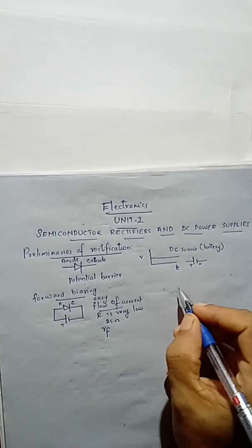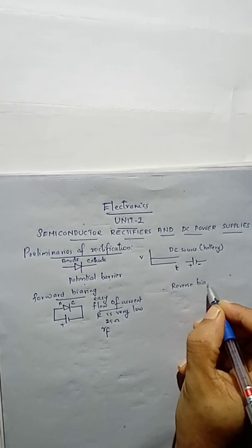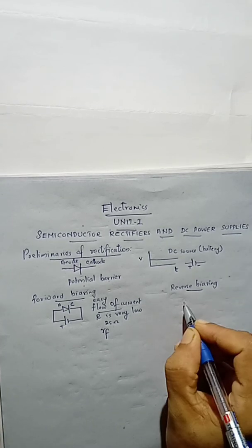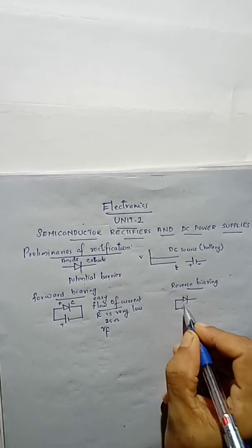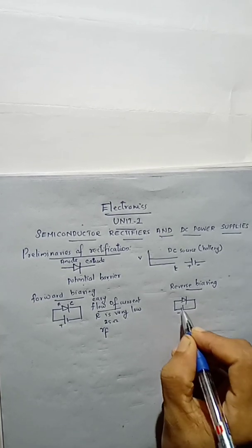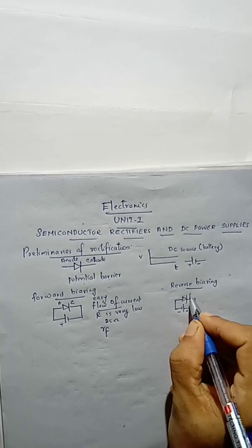And the second case is the reverse biasing. In the case of reverse biasing, we are connecting this diode like this. That is, the negative terminal of the battery is connected to the anode and the positive terminal of the battery is connected to the cathode.